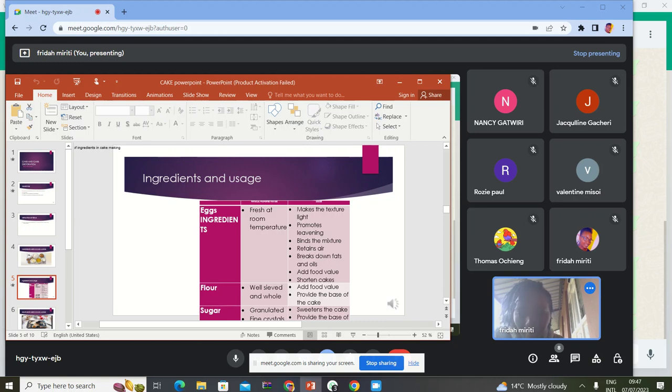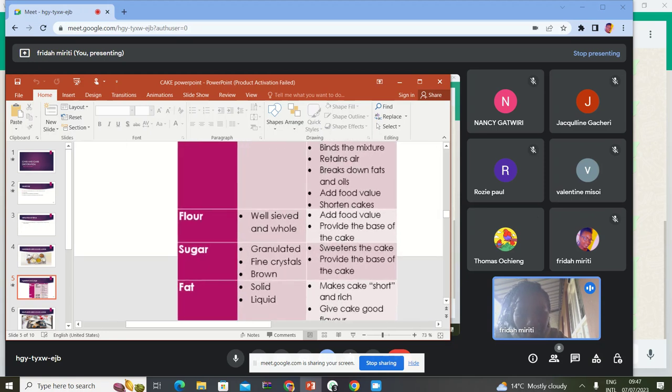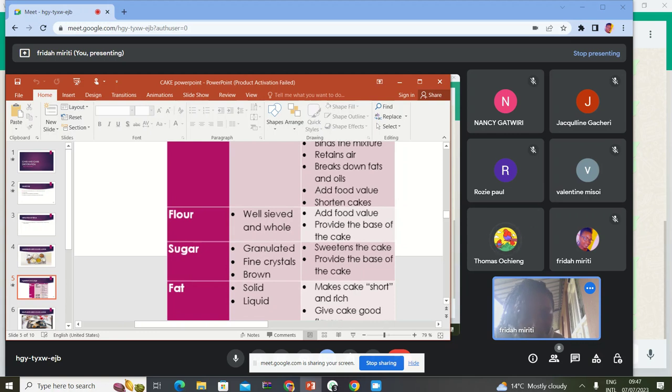Who can tell us the purpose of flour in cake making? The flour adds value and provides the base for the cake. Yes, the flour is the basic part of the cake. Without flour, we can't have a cake.